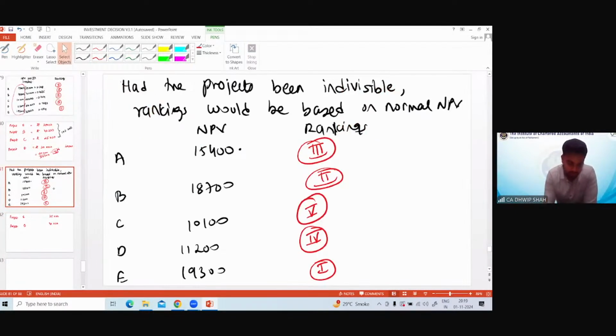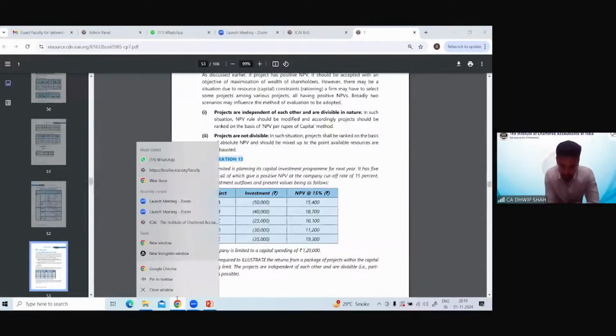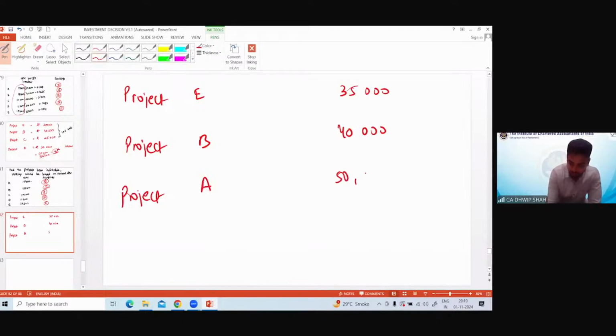Now project A is rank 3. How much investment is needed for project A? 50,000. Projects are indivisible. If you want to take project A, then take the entire project. Otherwise, don't take. Shall the company be able to take project A in this case?